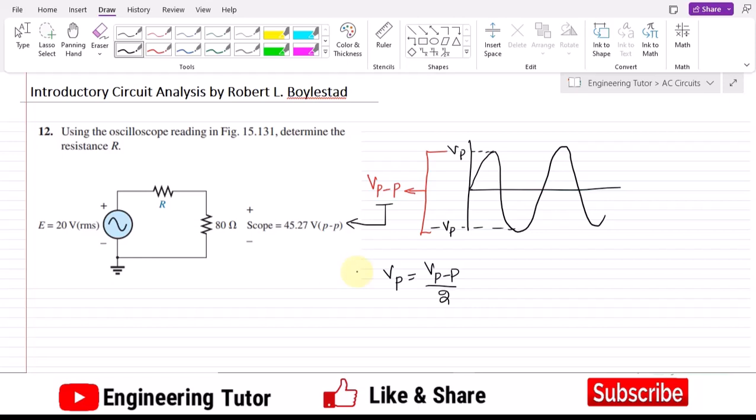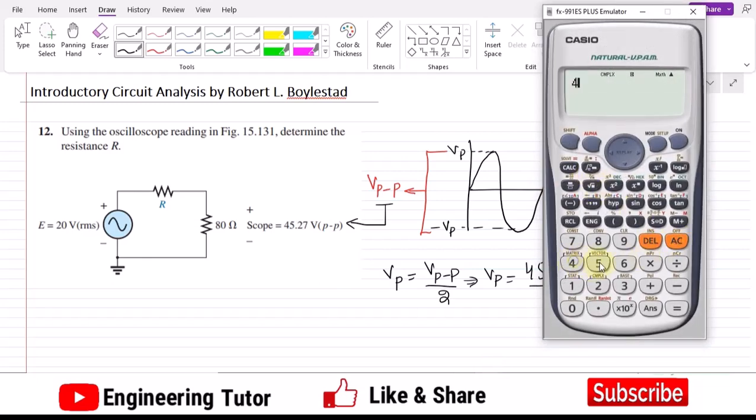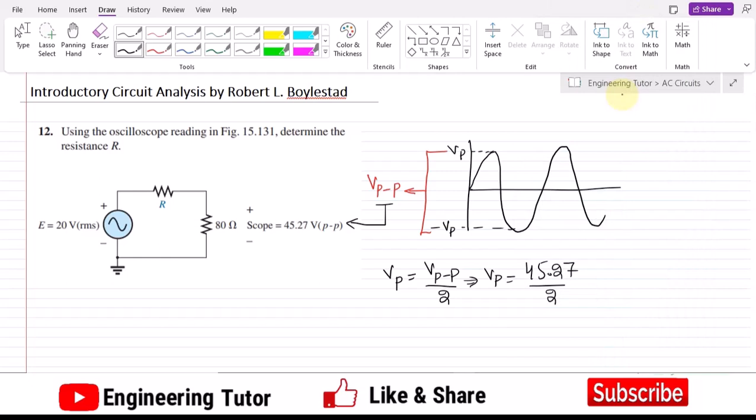So in symmetrical waveforms we will get the peak values from this expression: 45.27 divided by 2. This will be 22.6 volts. So that is the peak value.